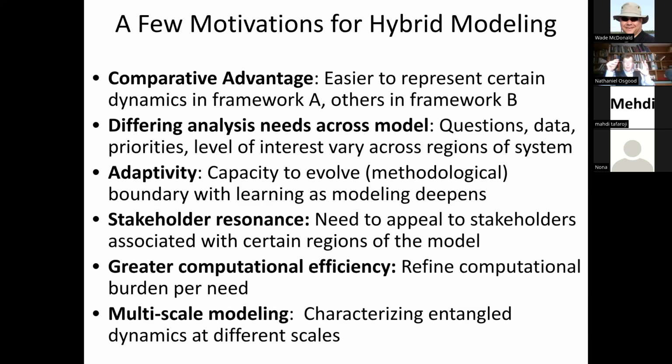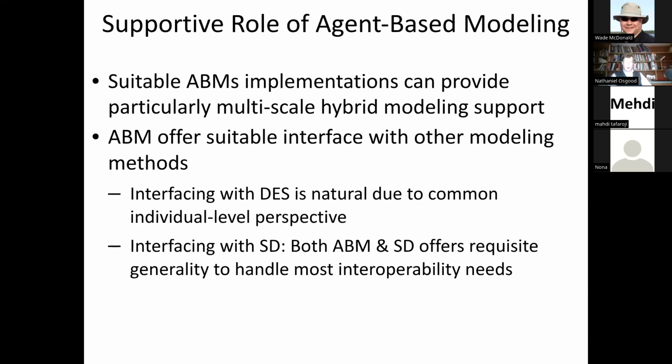But maybe once it's stabilized, you could make use of an aggregate level model. I've spoken about stakeholder resonance. The impact on computational efficiency is very material, and the benefits and draws and needs sometimes for characterizing multi-scale modeling.